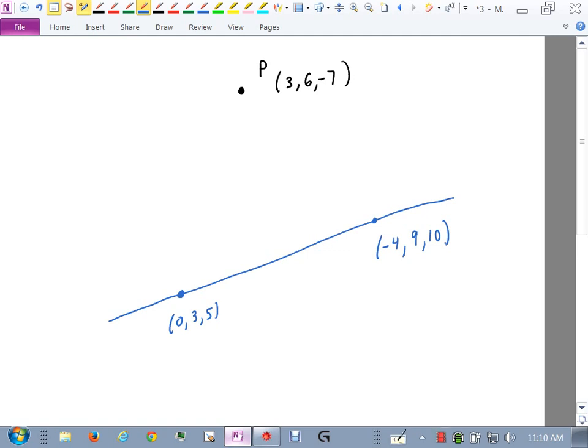I'm just trying to see where we all are here. Without using notes or anything like that, fold your notes over, cover them up, and see if you can remember the vector equation of a line through 2 points.